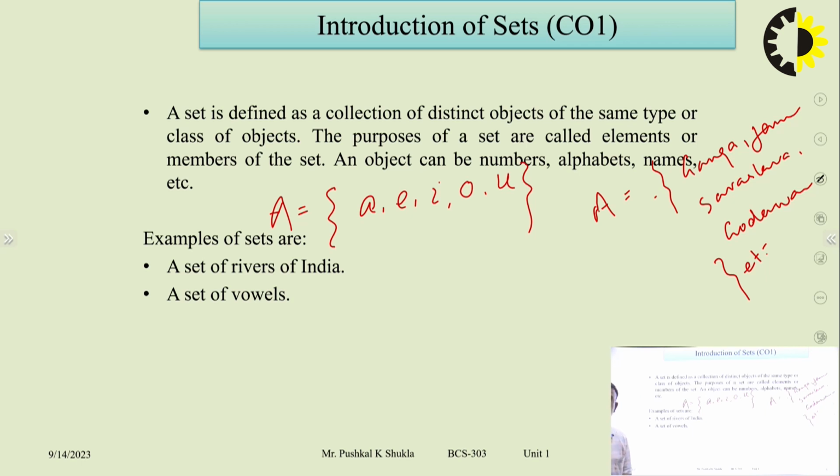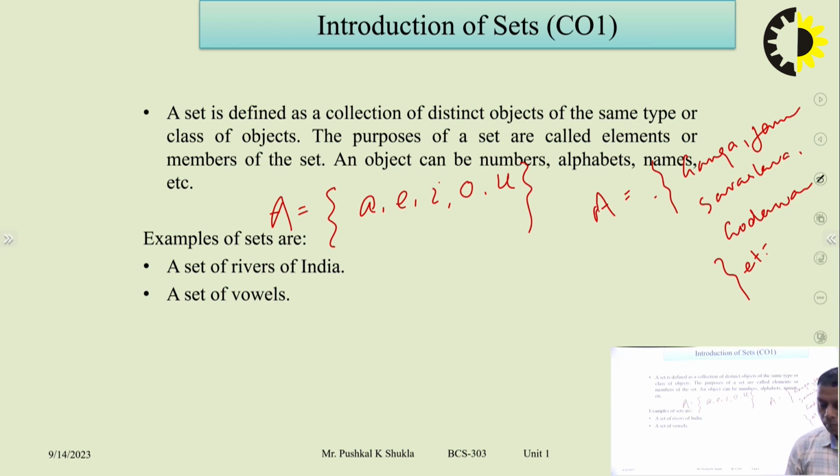In another example, we see a set of even natural numbers, set of odd natural numbers, set of positive integers, set of prime numbers, and so on. So, these are sets because all elements are clearly defined.